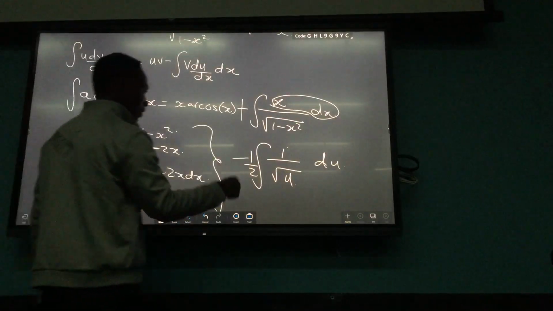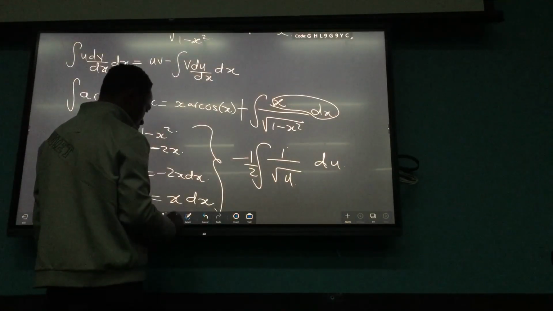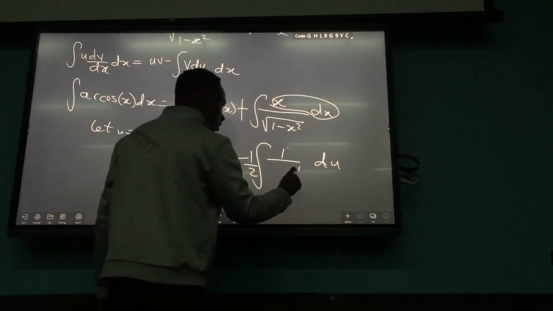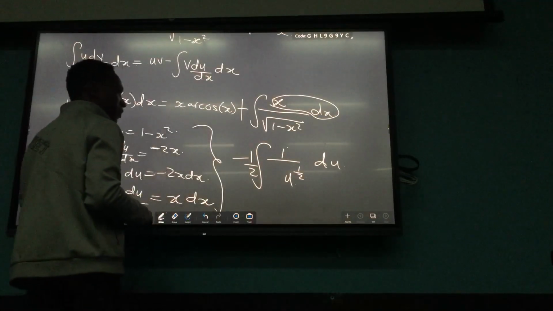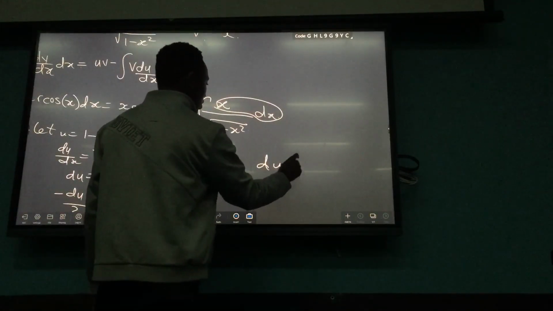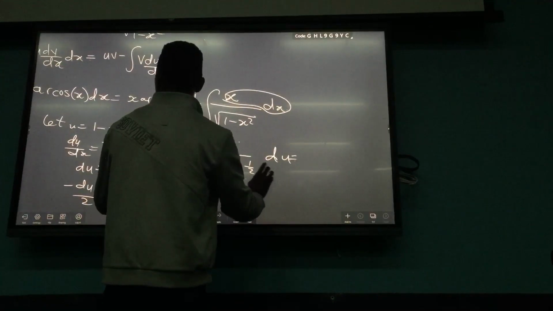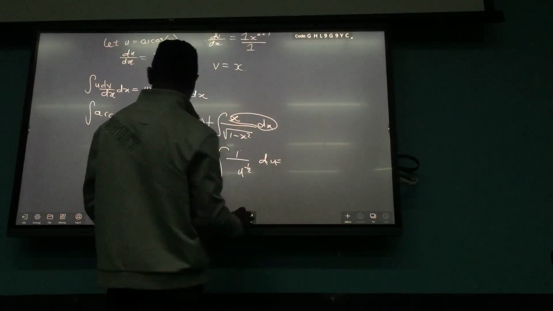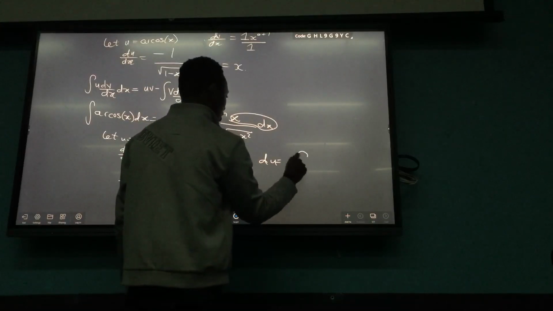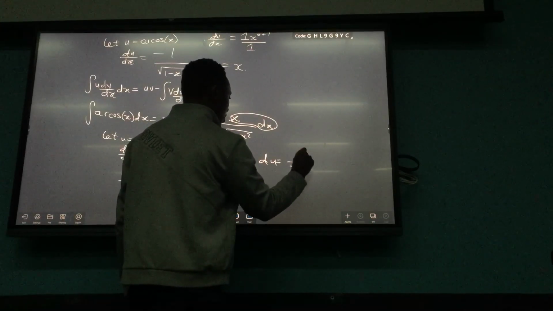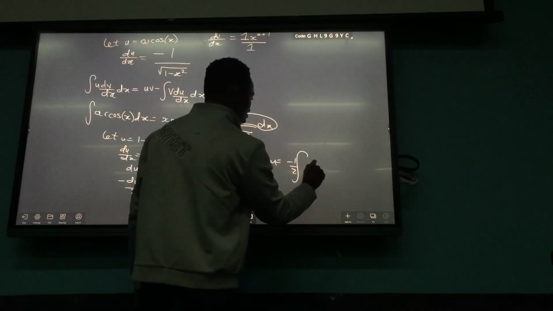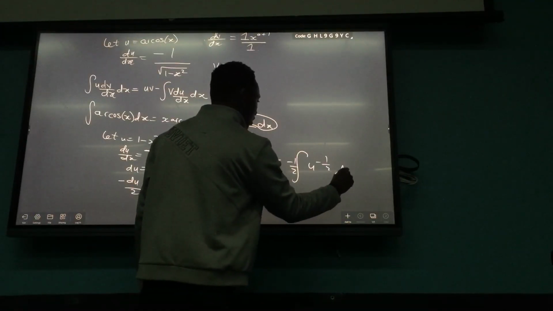It's much easier to write it as u to the power half, so this becomes minus 1 over 2, the integral of u to the power of minus 1 over 2 du.